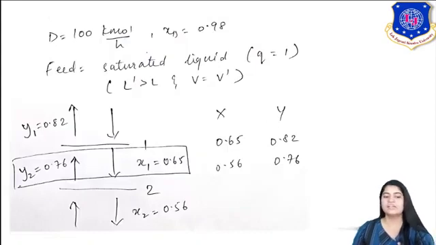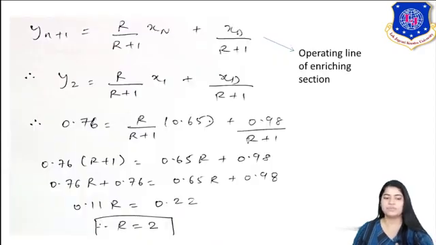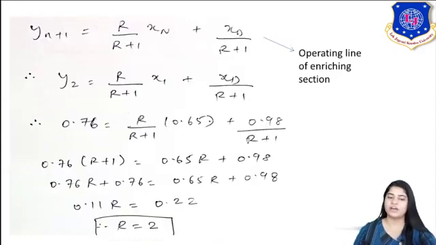Is that clear? From plate 2, Y2 is leaving, whereas from plate 1, X1 is leaving. Substituting the values, 0.76 is equal to R upon R+1 times 0.65 plus 0.98 upon R+1. Solving it, you get R as 2. So your reflux ratio here is 2. So one part is solved.